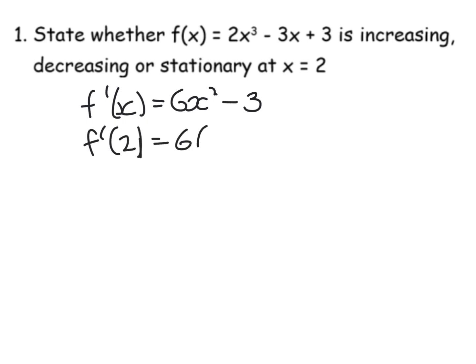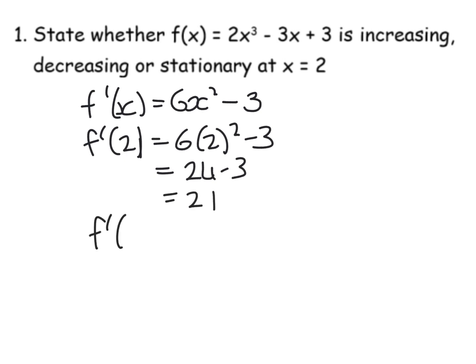And we'll have 6 times 2 squared, take away 3, which is 6 times 4, 24, take away 3 is 21. So we've come out with f of 2 is greater than 0. So this means the function is increasing at this point.